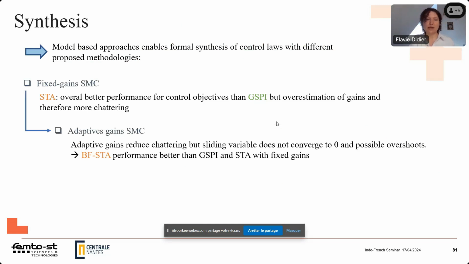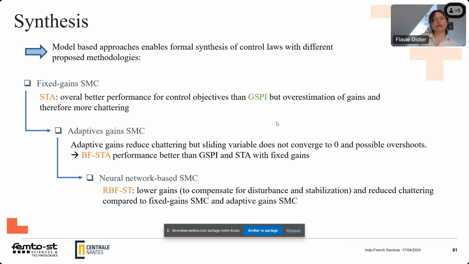So we looked at the adaptive gain sliding mode controller, where the barrier function super twisting algorithm gives us better performance than the GSPI. And then we looked at the neural network based sliding mode controller with the radial basis function super twisting, which allows us to have lower gains and to compensate for disturbance and stabilization and reduce chattering compared to fixed gain sliding mode controller and adaptive gain sliding mode controller.